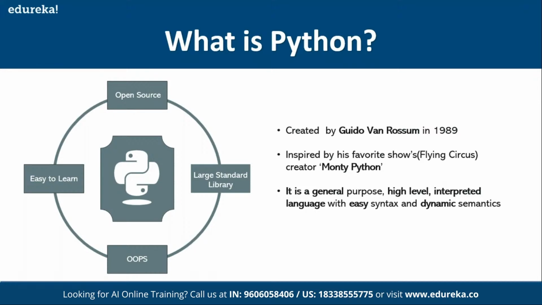To do all of this, there was no specific programming language, and hence the Dutch programmer Guido van Rossum created a programming language called Python. He named it Python because he was inspired by his favorite show, Flying Circus, created by Monty Python.